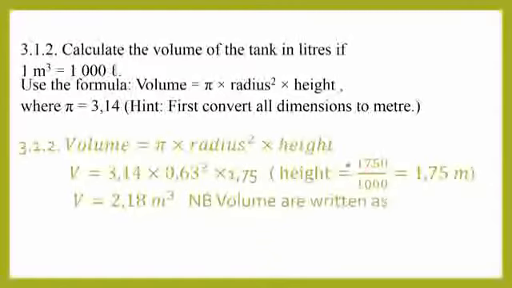Remember, the question says convert dimensions to meters. So we take 1,750 divided by 1,000, which is equal to 1.75 meters. And then the volume is 2.18 cubic meters. NB, remember, volumes are written as cubic units.